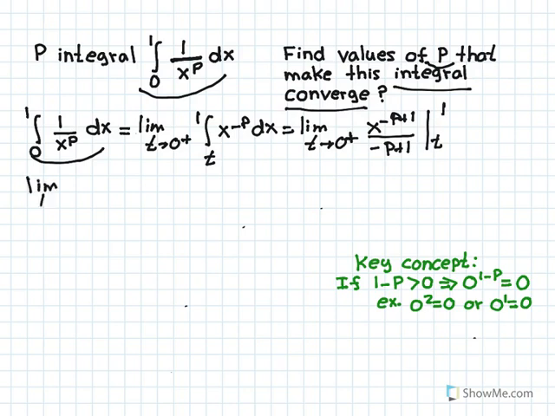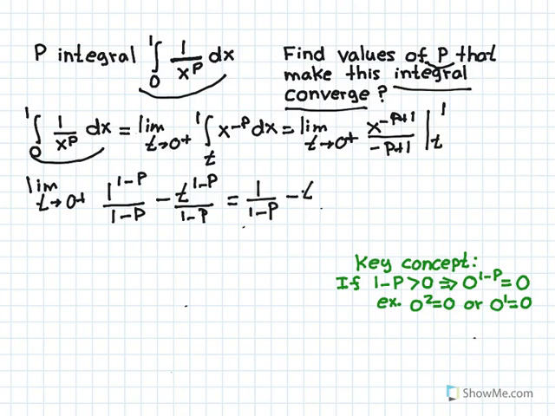Put the upper limit in, we get 1 to the power of 1 minus p divided by 1 minus p, minus t to the power of 1 minus p divided by 1 minus p. That's equal to 1 over 1 minus p, because 1 to any power is just 1, minus t to the 1 minus p divided by 1 minus p.